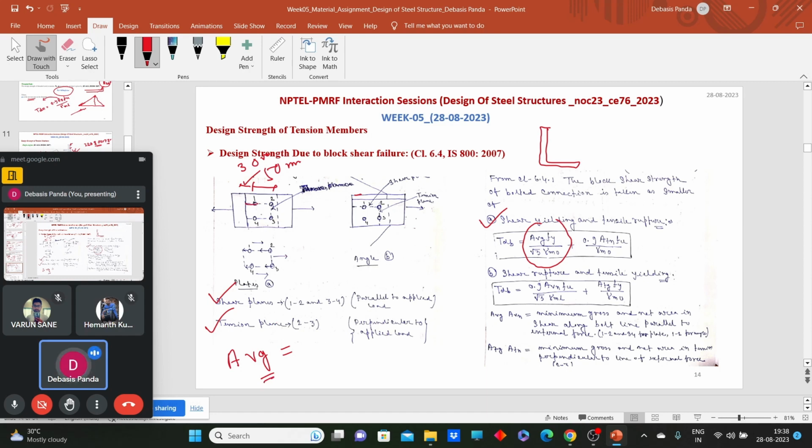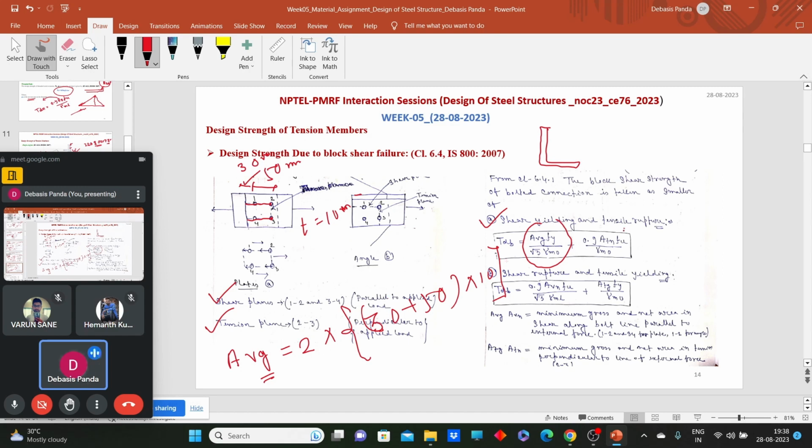That means we have to consider this cross-sectional area up to the center of the bolt. So what will be the value for this case? 2 into 30 plus 50 is the length, and say the thickness t is 10 mm, so times 10, that will be the gross cross-sectional area along the shear plane. Yes or no? Do you have any confusion?